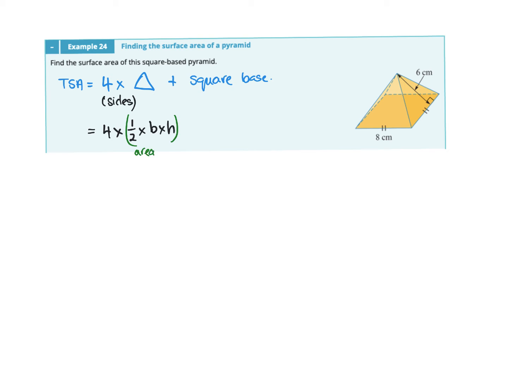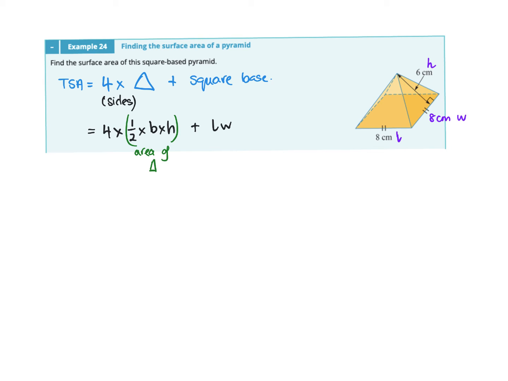And then we're going to add, and how do we find the area of a square? We just normally go length times width. All right, so if we have a look here, we can say this is length if we want. We know this is 8 centimeters as well, so we could call that the width. Because it's a square, they have the same length and width. And here, they gave us the height of the triangle. They were quite nice, and they did that.